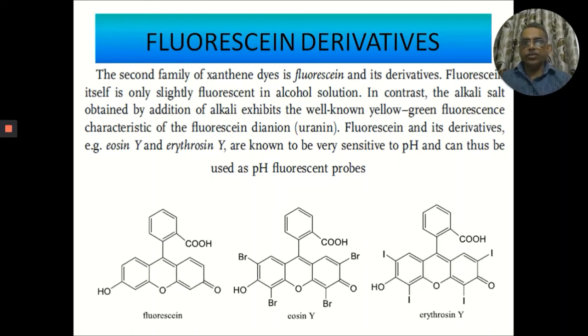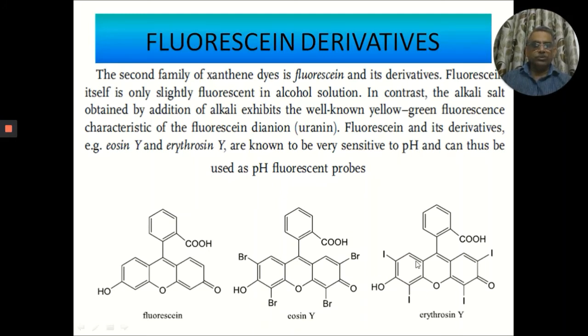Now fluorescein, if you look at it, has the carboxylate group. When you dissolve it in acidic conditions, fluorescence is quite low. When you make it alkaline, the fluorescence emission is very strong because these two groups are getting deprotonated. When you make a substitution with heavy atoms like bromine, you get eosin, and when you make a substitution with a heavy atom, quantum efficiency goes down, though it is still fairly high. You can have bromide substitutions and iodide substitutions.